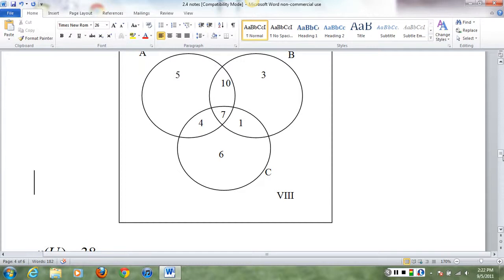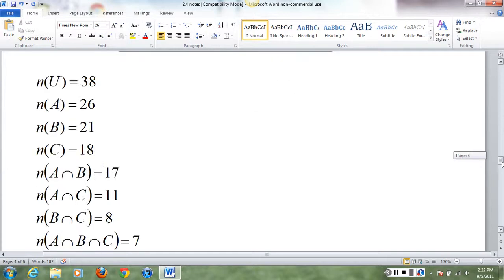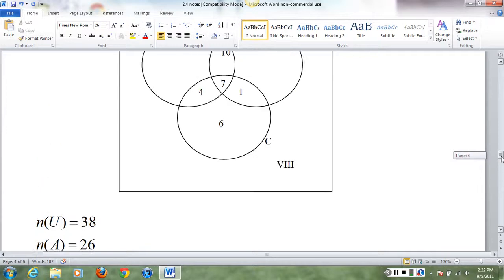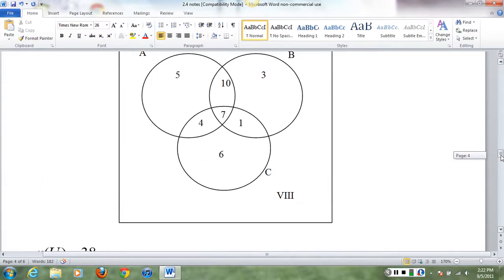Now we want to see if this comes out to our grand total of 38. If it doesn't, anything that's missing will go on the outside in section 8, as you can see here. So if we add up all of our numbers, let me do it right over here. I'm just going to add up 5 plus 10 plus 7 plus 4 plus 1 plus 3 plus 6.